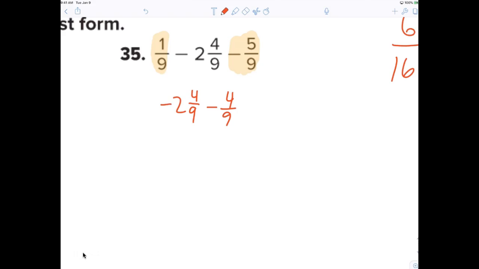Positive 8/9. Now, is it negative or positive? If you owe me 4/9, and you owe your mom 4/9, negative. Yeah, you owe 8/9.